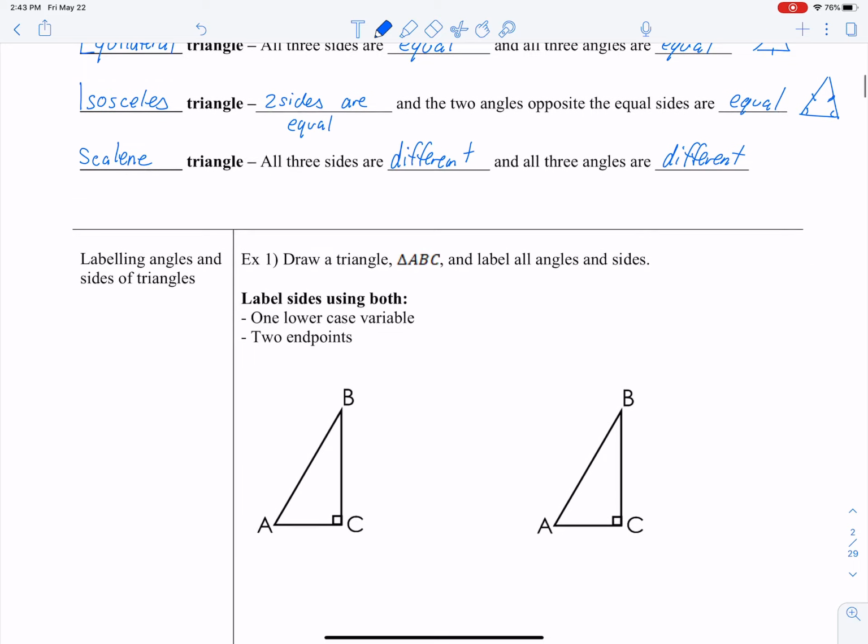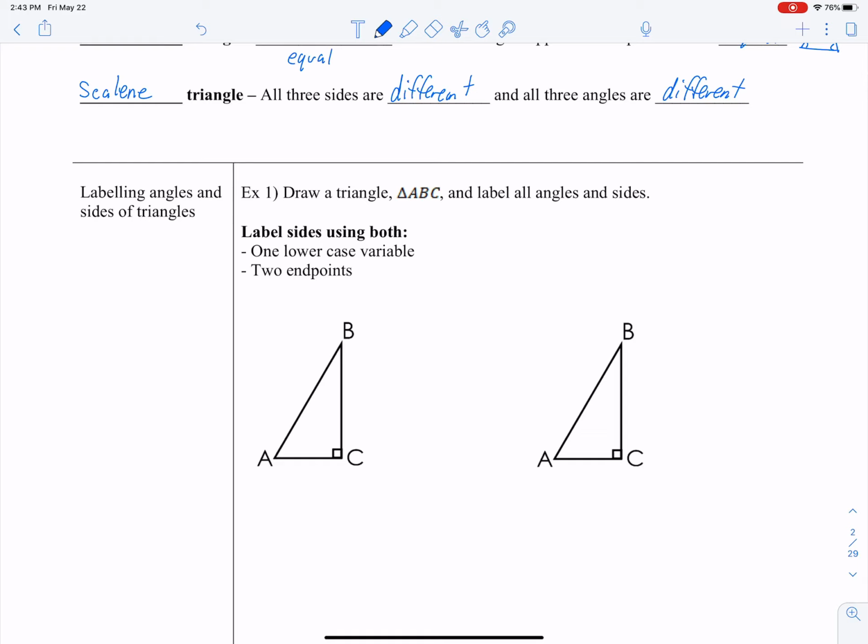So there's a couple different ways to do this. You can either do it using a lowercase variable or using the two endpoints. So here we have two identical triangles with the points labeled as capital A, capital B, capital C. So far these are identical. So first we're going to use method 1 where we use a lowercase variable. Here we're going to look at angle A, so this capital letter A at this point here.